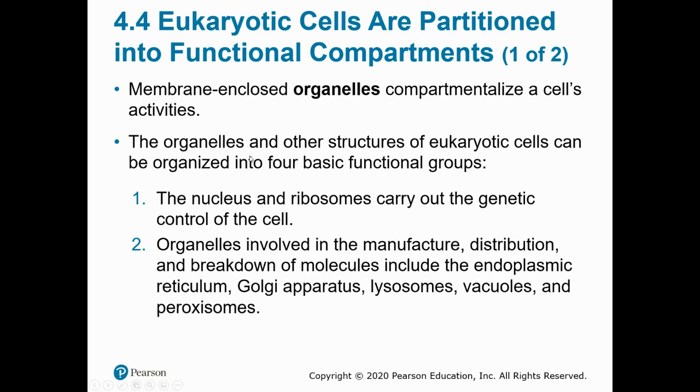So these organelles that compartmentalize the activities of a eukaryotic cell are the nucleus and the ribosomes, which are the genetic control center. Organelles that involve the manufacturing, distribution, and breakdown of molecules include things like the endoplasmic reticulum, also called ER, Golgi apparatus, lysosomes, vacuoles, and peroxisomes.